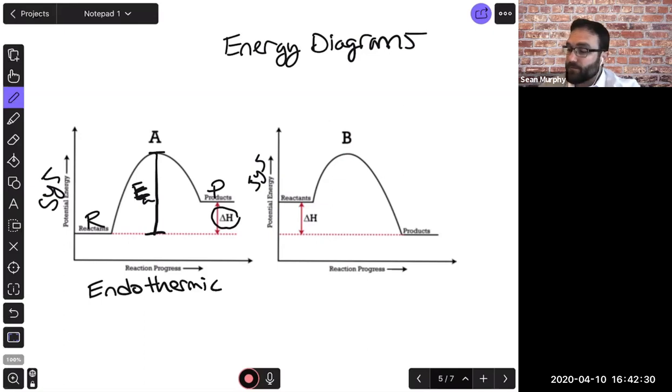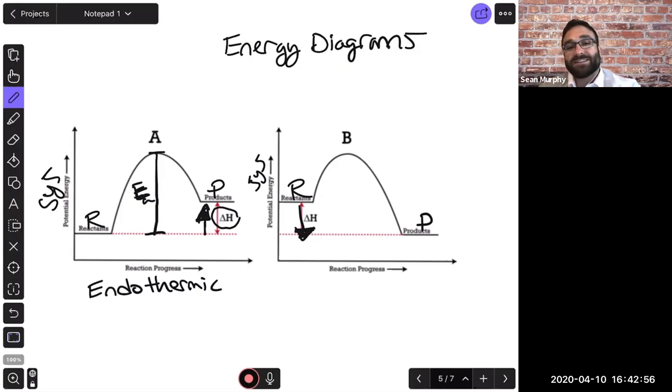Conversely, if I start with reactants and I end with products, and I have gone down in potential energy, I've lost potential energy. I've gone down versus up. Color that in, make it look nice.